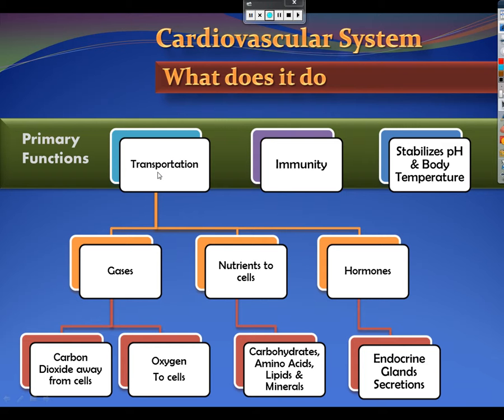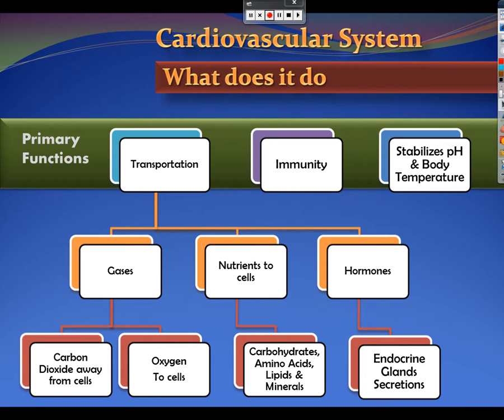So, transportation. Your cardiovascular system transports gases, it transports oxygen and carbon dioxide. It's going to take carbon dioxide away from cells, and it's going to bring oxygen to the cells. You have cells located throughout your entire body, and oxygen needs to be in those cells.